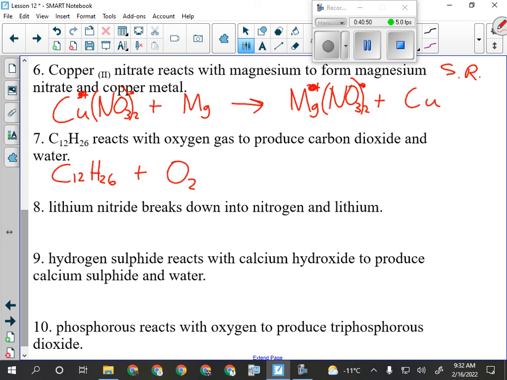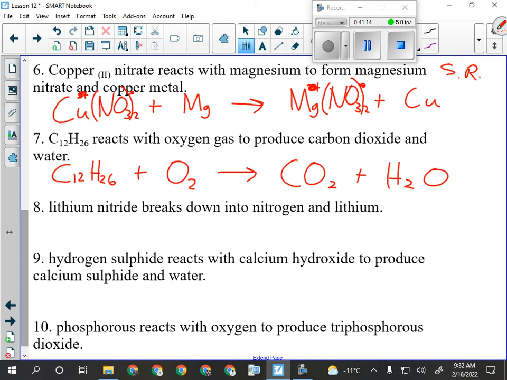What kind of reaction is that? Combustion reaction, right? This is a hydrocarbon. Anytime we have CHO, it's a combustion reaction. It's producing carbon dioxide and water, another thing all combustion reactions do.